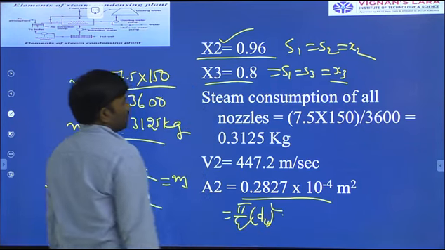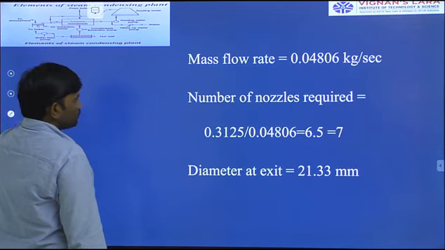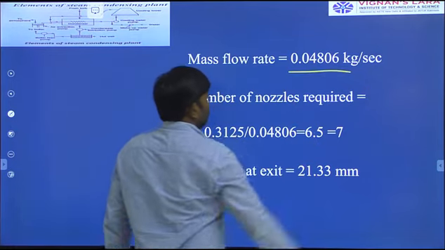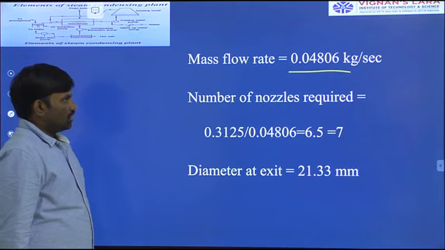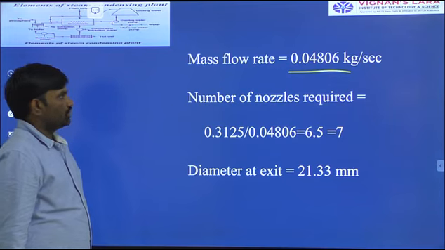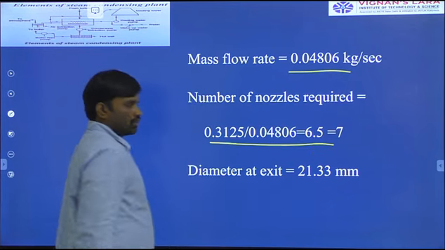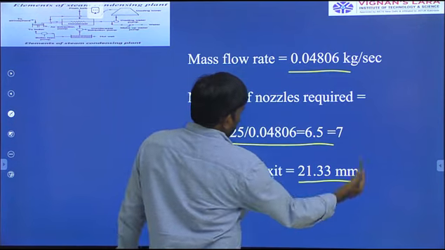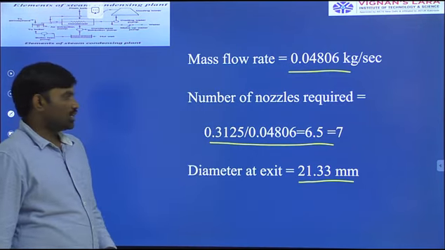The mass flow rate is 0.04806 kilogram per second. The number of nozzles required is 7, and the diameter at exit is 21.33 mm.